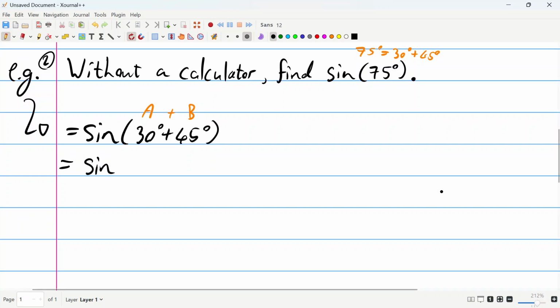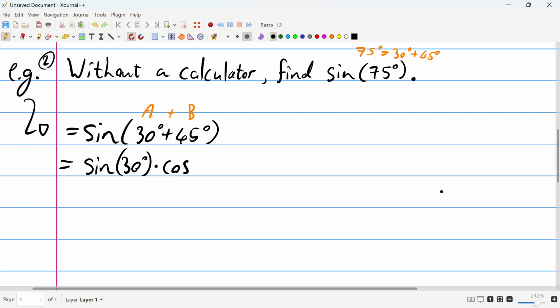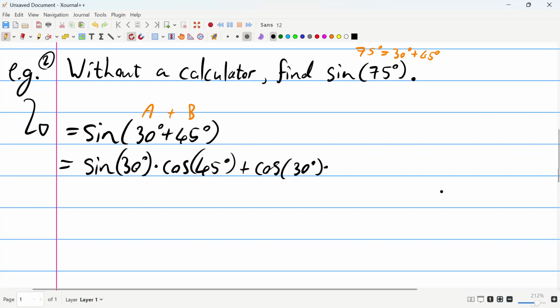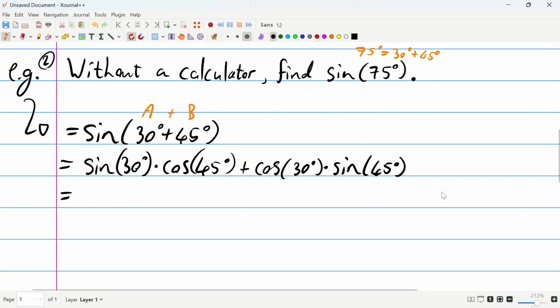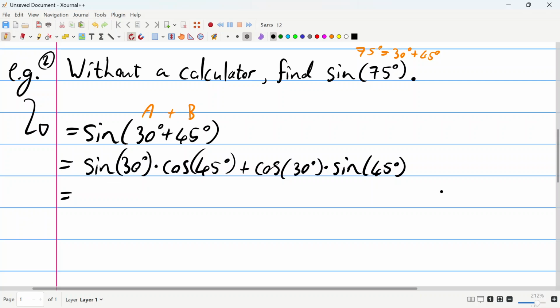So it's going to be sine of A, which is 30 degrees, times cos of B, which is 45 degrees, plus, because of the positive sign, cos of 30 degrees multiplied by sine of 45 degrees. Okay. And we know using special triangles that sine of 30 degrees is going to be opposite over hypotenuse. I think it's best if I just get the triangles quickly.